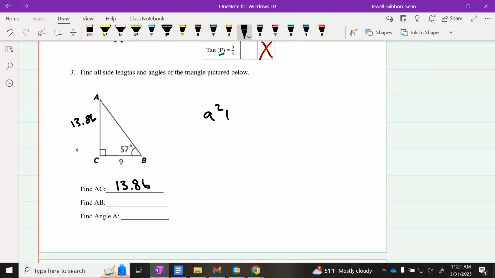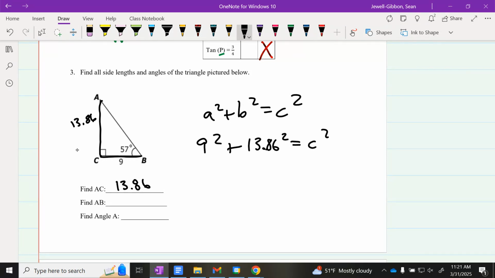Pythagorean theorem tells us that a squared plus b squared equals c squared. So that is one of the short legs of the triangle squared plus the other short leg of the triangle squared will give me c squared. It doesn't matter what order we do this in, as long as we make sure that our hypotenuse goes over here. So we have 9 squared plus 13.86 squared equals c squared.